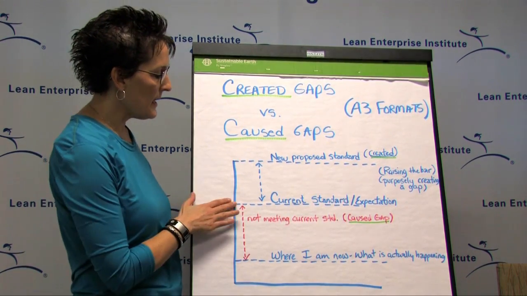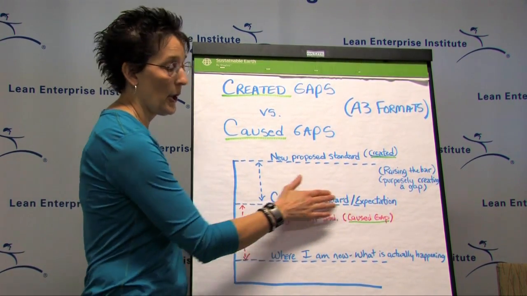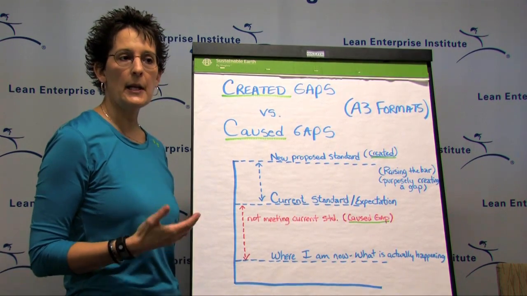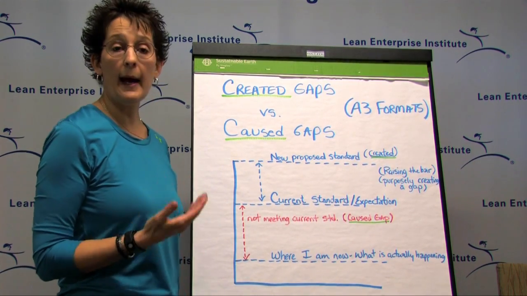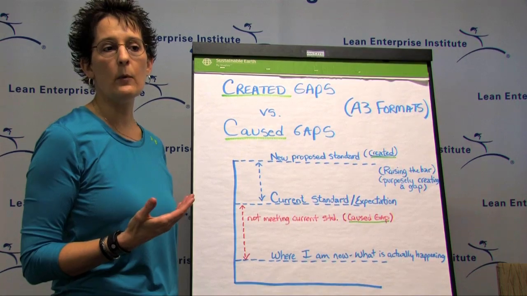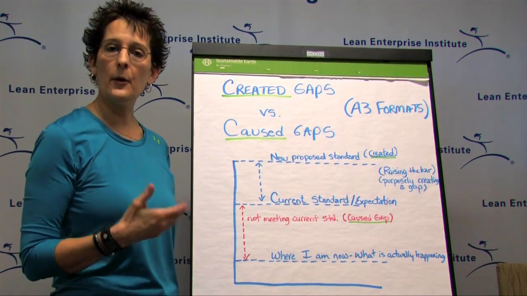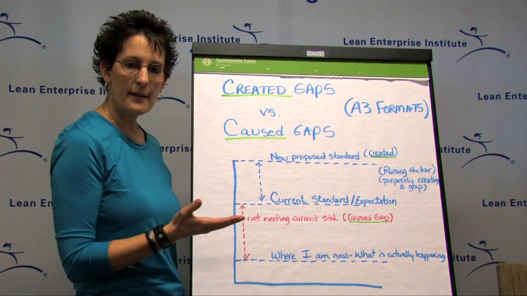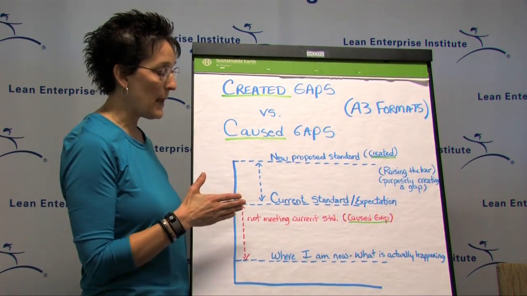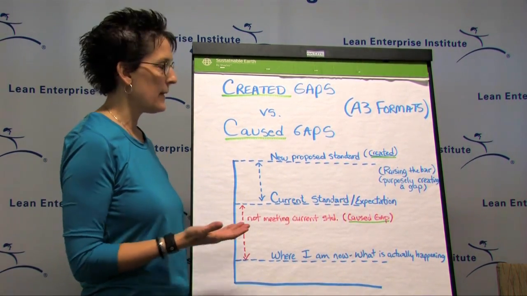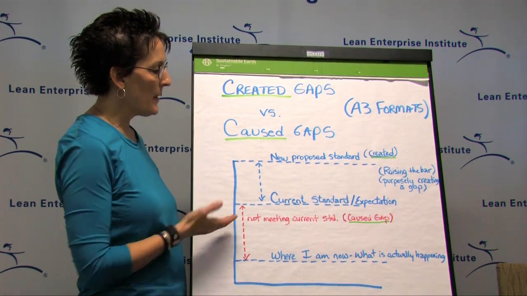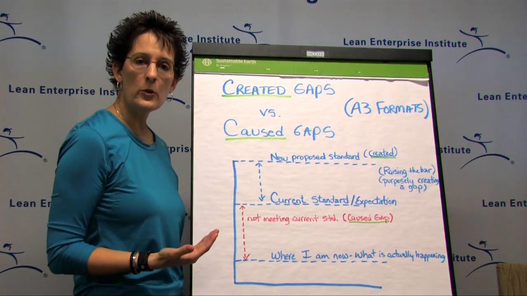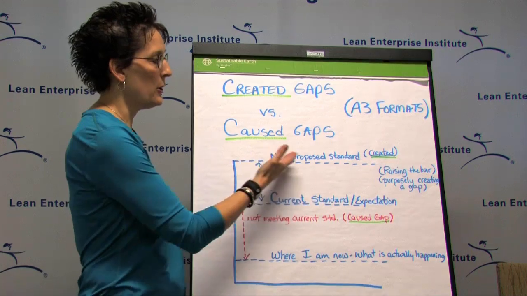And then as we look at this current standard or expectation, sometimes organizations may not have a standard, so we may say that we need an ideal state or an ideal situation. So if you have that set and you're looking at maybe a strategy level A3, again, a created gap, then I'm going to be proposing a new situation or a new standard.